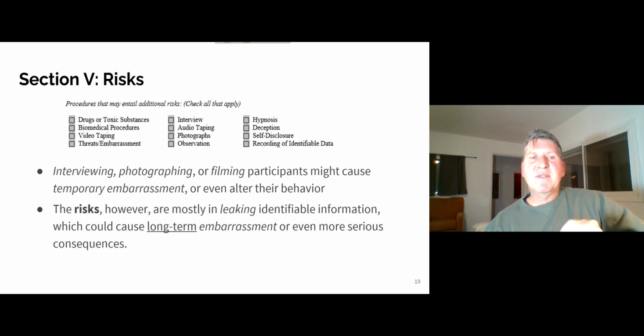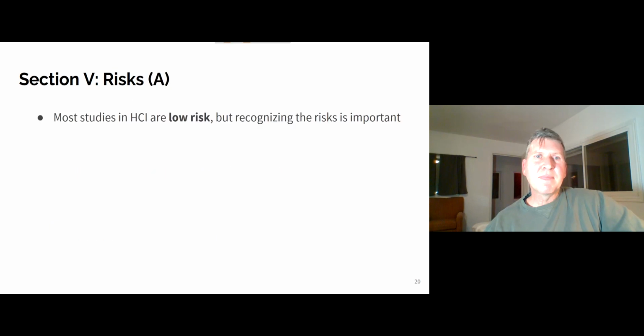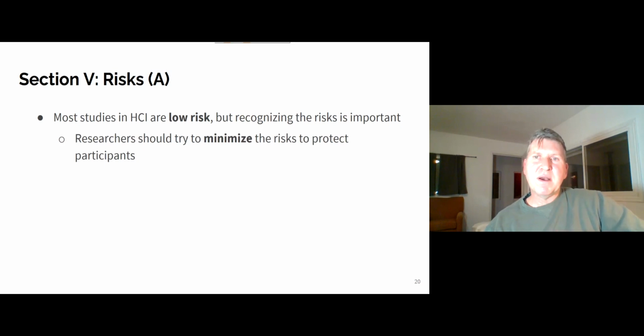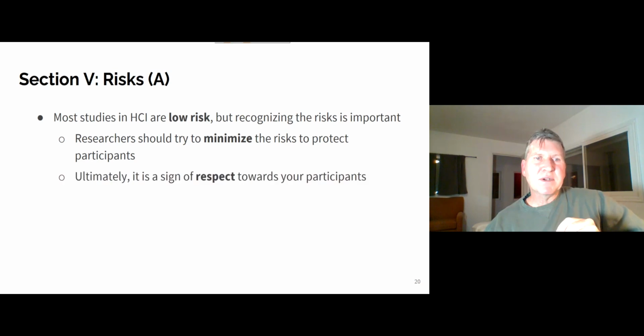Just imagine if they were participating in your study and this came out. So we have to identify these kinds of risks. However, most studies in HCI are low risk, but we have to recognize when these risks are possible. We try to minimize the risks to protect participants, which is really a sign of respect towards our participants.